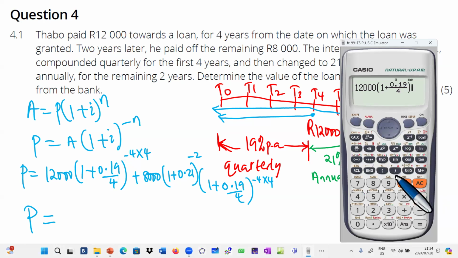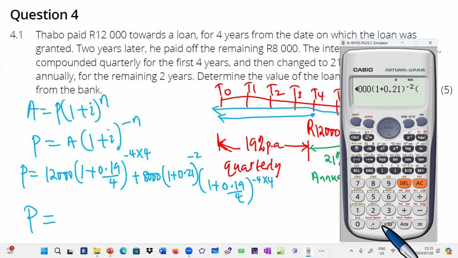You close like that. You raise it to the power minus 4 by 4, plus 8,000. And we have 1 plus 0.21 minus 2.